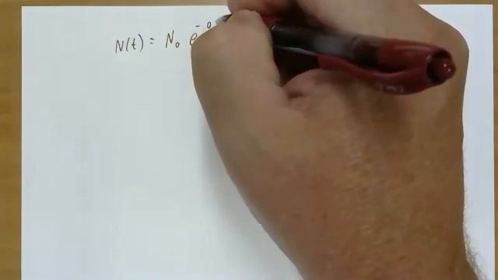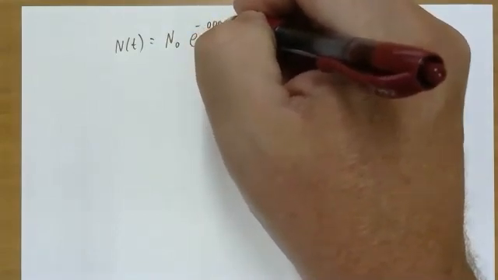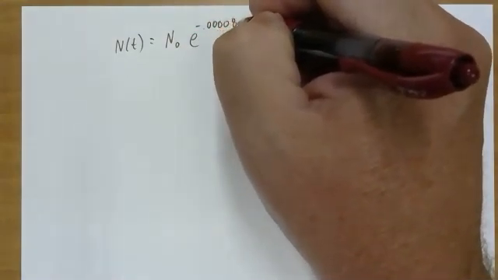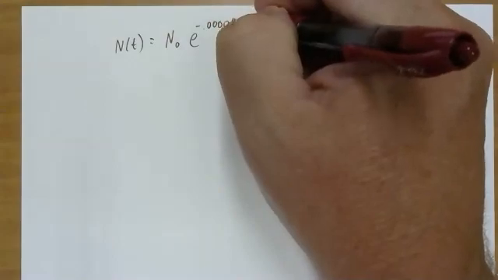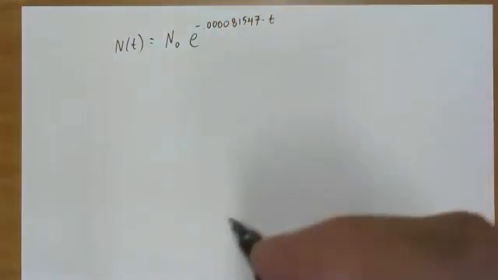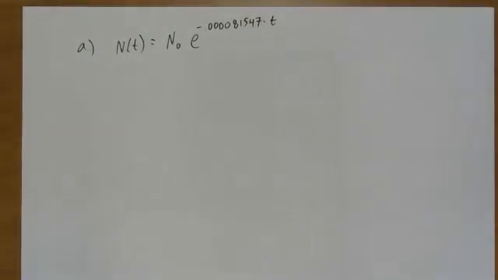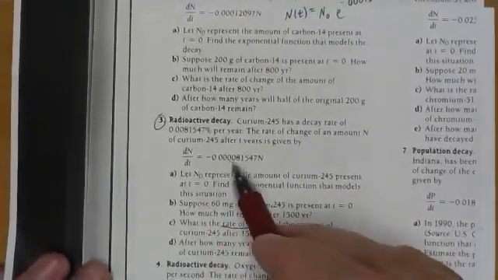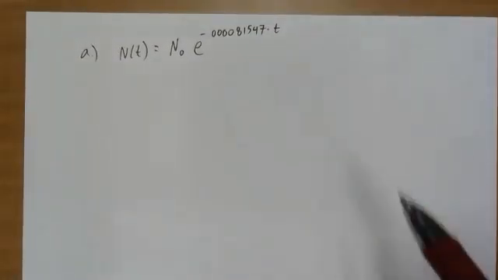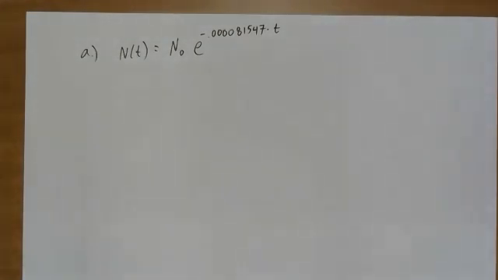I think there are 4 zeros. 2, 3, 4, 8, 1, 5, 4, 7 times t. So that's the answer to part A. And the whole key to that is because they give you this little equation here, they're giving you the K. Once you've got the K, you can just plug it in, and we've got the exponential function.